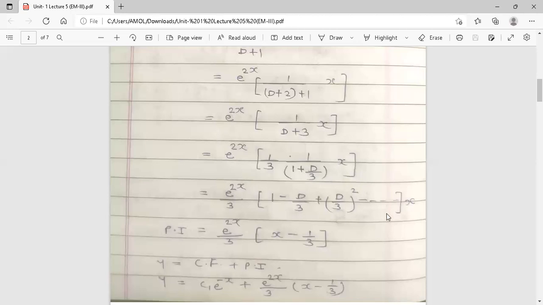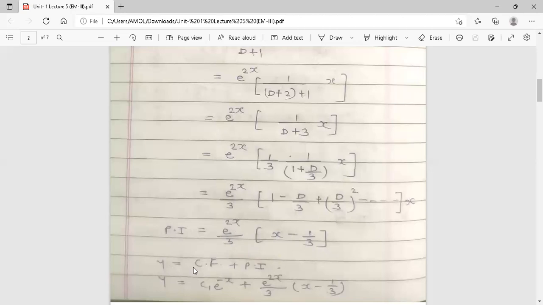Now multiply the bracket term by x. So 1 into x is x minus D of x, means derivative of x is 1, so 1 upon this 3 as it is. So it is x minus 1 by 3. Next remaining terms are zeros. So there are only two non-zero terms, x minus 1 by 3. And this is your PI.